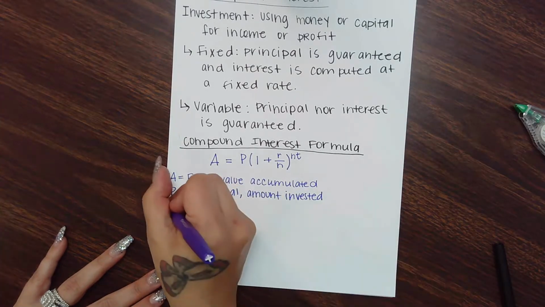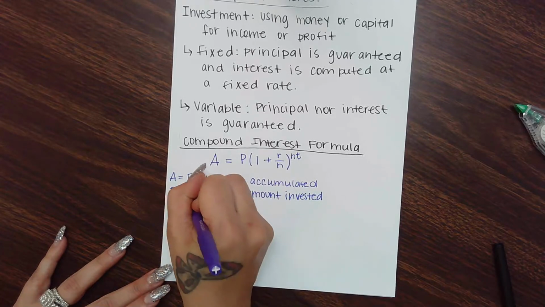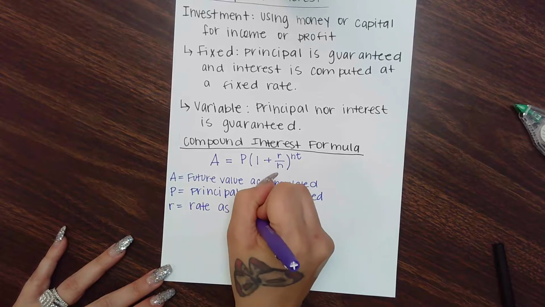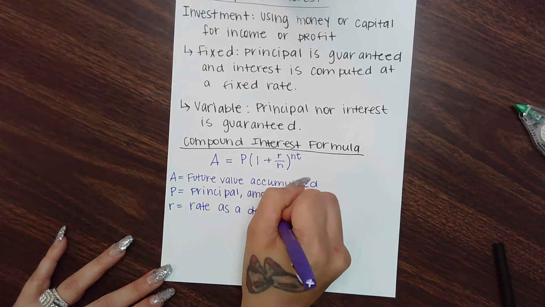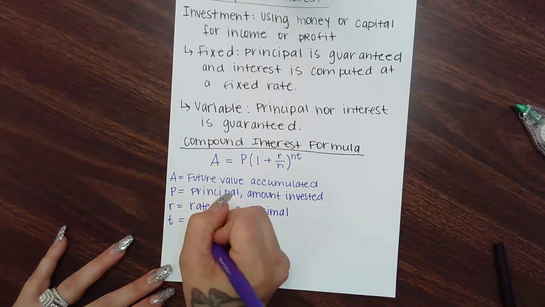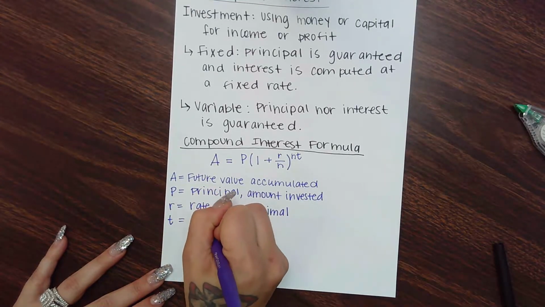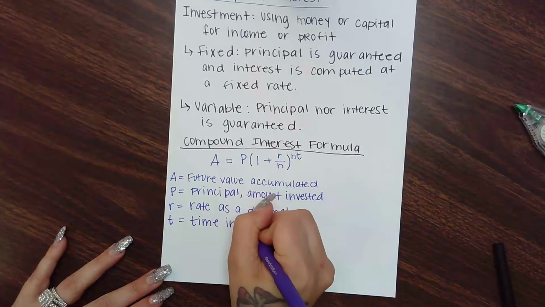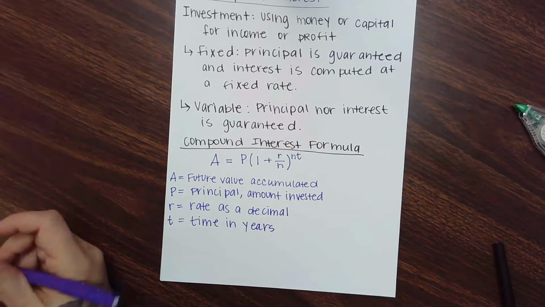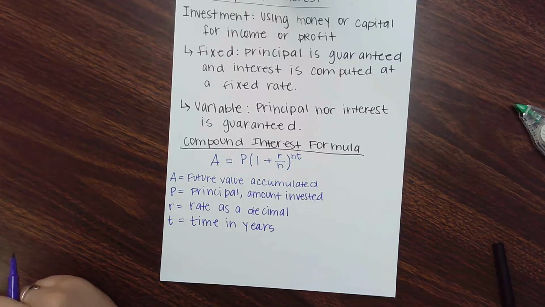We have our R, which is the rate as a decimal. Our T, which is time in years. With the simple interest formula, we could do days, months, or years.